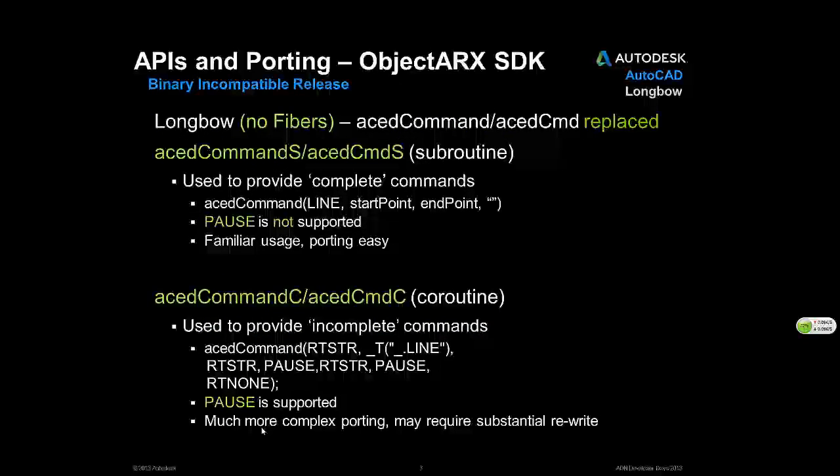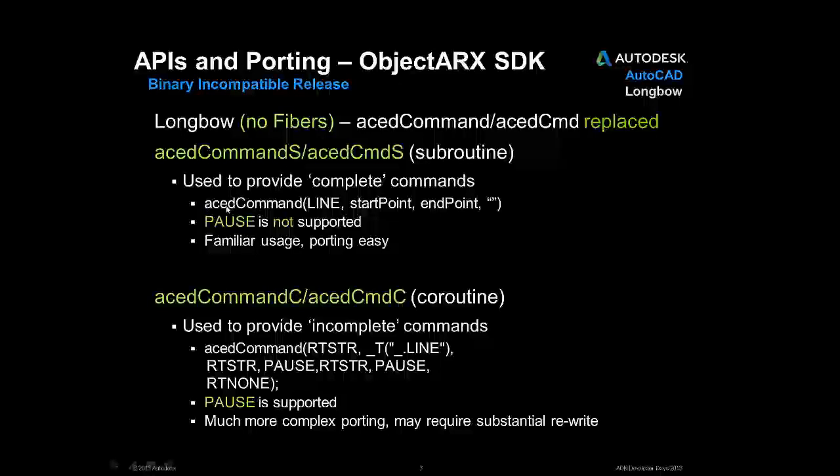Here are two scenarios. The first one is an example of the most basic acedCommand usage. It's also the most popular use case, where we invoke a complete command in a single call to acedCommand. The so-called complete command is where the code provides all parameters for the AutoCAD command without any user interaction.